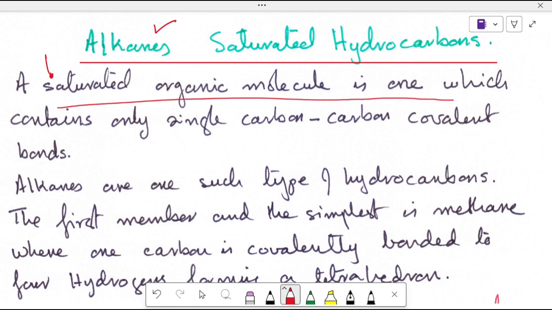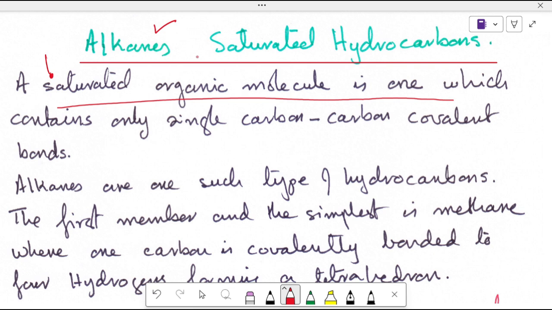So the carbon atoms, when they are forming four covalent bonds, are using all their four valence electrons, and they cannot make any more bonds. So these are called saturated hydrocarbons when they are forming 4 single bonds.